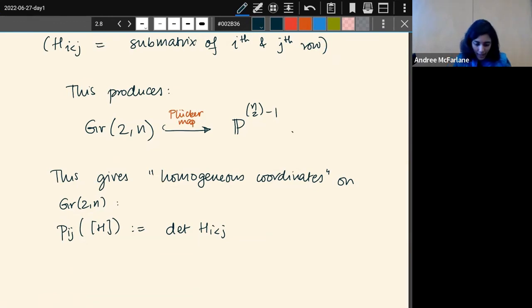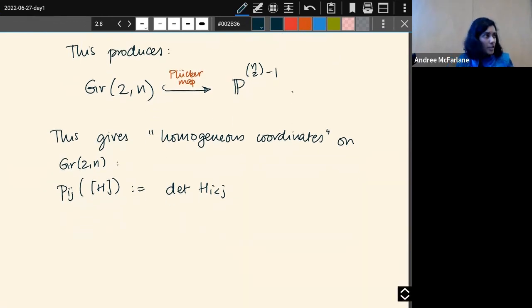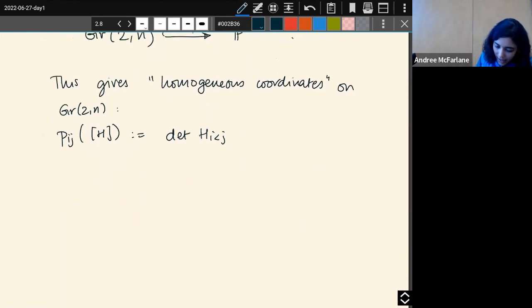The only thing I want to say beyond this point, and again there are some exercises that talk about this, is that these Plücker coordinates, these homogeneous coordinates, satisfy exactly the same relation that I had written down earlier.